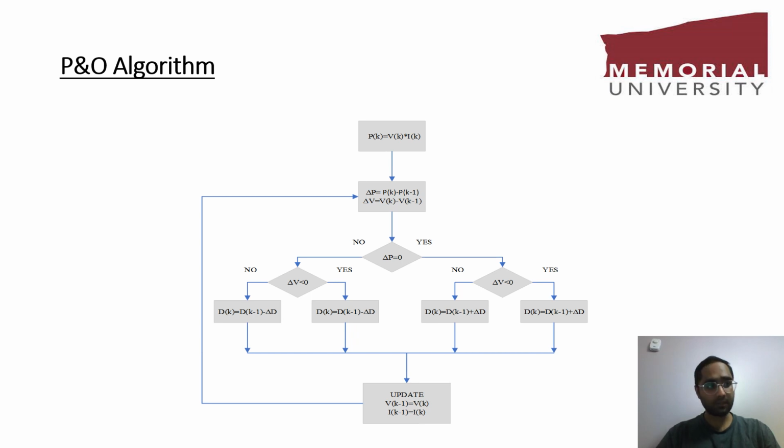If the power change is positive, the voltage perturbation is continued in the same direction. But if delta P is negative, it indicates that the MPP is far away and the perturbation is reversed to reach the MPP. So this is how the algorithm operates. This flowchart also describes the same thing.